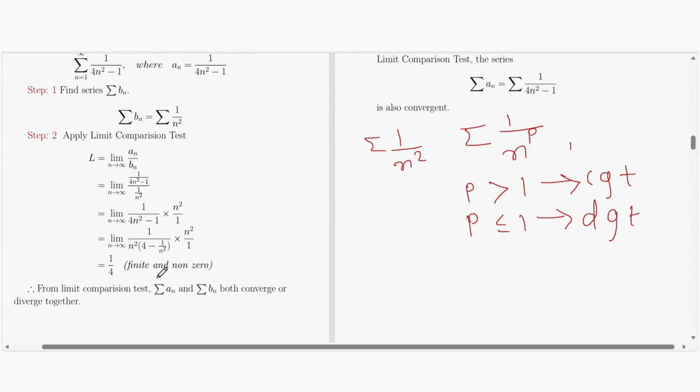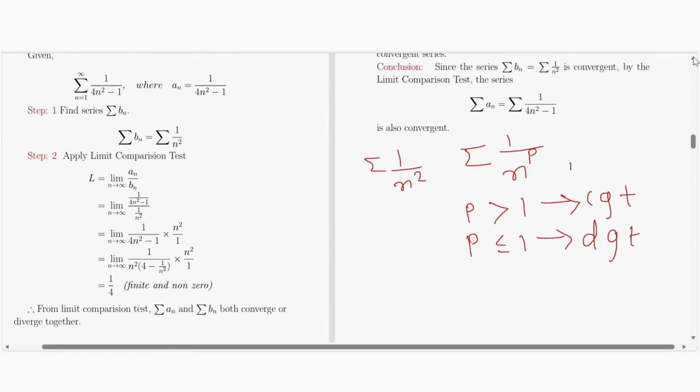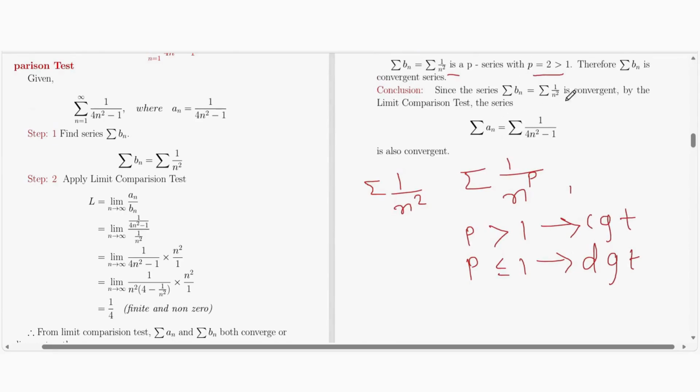Say yes or no? So the conclusion is: since the series BN, 1 upon n square, is convergent, by the limit comparison test, the series AN equal to 1 upon 4n square minus 1 is also convergent.